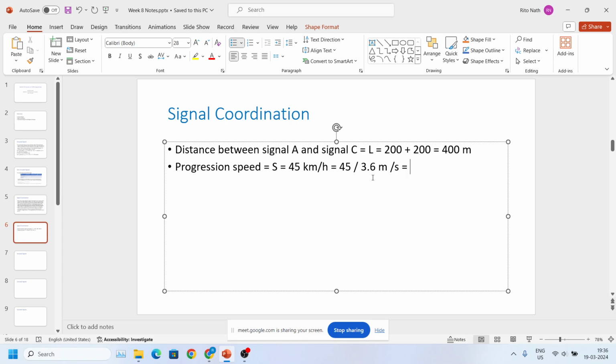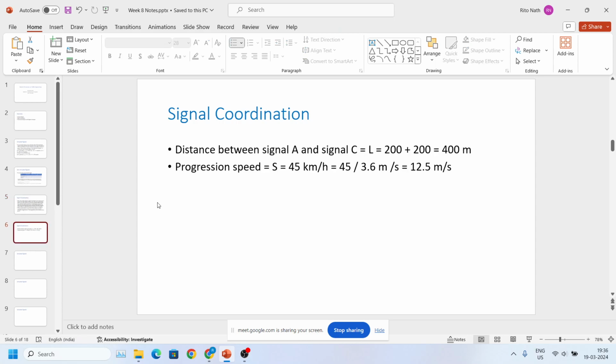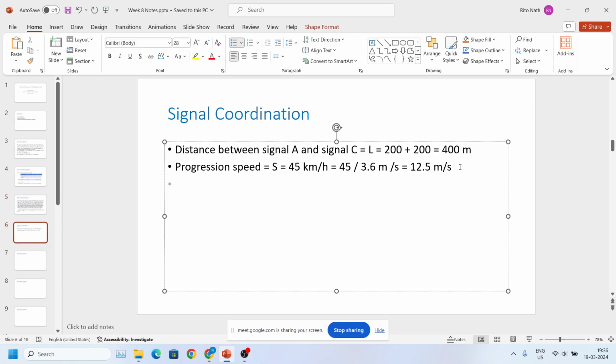That gives you, let me check, 12.5. So now you just have to get the T ideal, which is the ideal offset. Ideal offset equals this T ideal, which is L divided by S. This is 400 divided by 12.5, that many seconds.